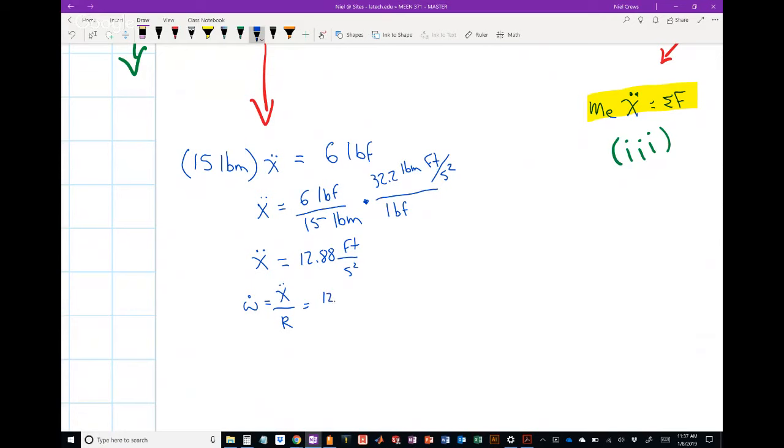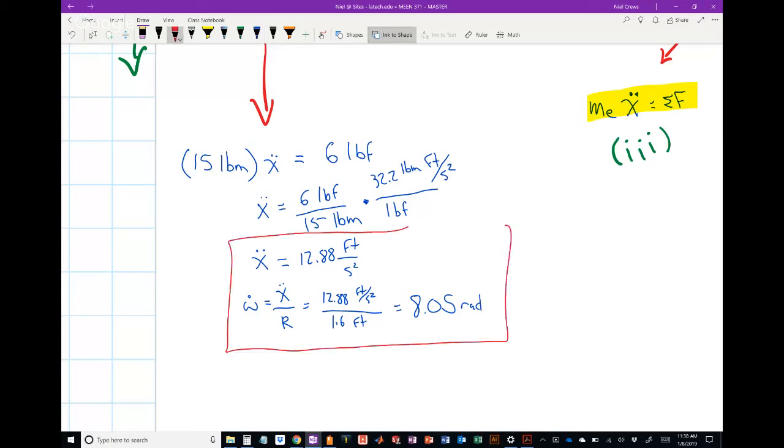In other words, 12.88 feet per second squared divided by 1.6 feet, which is 8.0505 radians per second squared. So that is actually one of our unknowns. Here we've got one equation, one unknown, and we're able to solve for it.